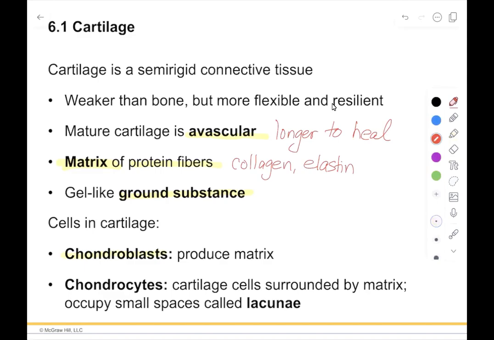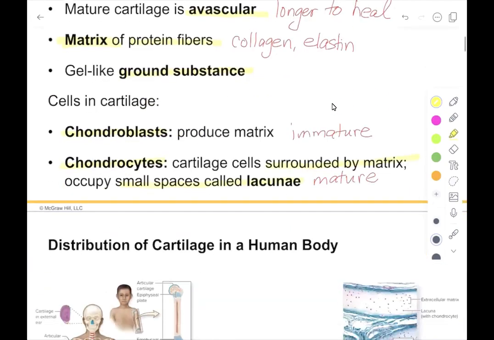These are the immature cartilage cells that produce matrix. And then the mature cartilage cells are called chondrocytes, and they are surrounded by matrix. Specifically, they're in small spaces called lacunae, or lacuna for singular.